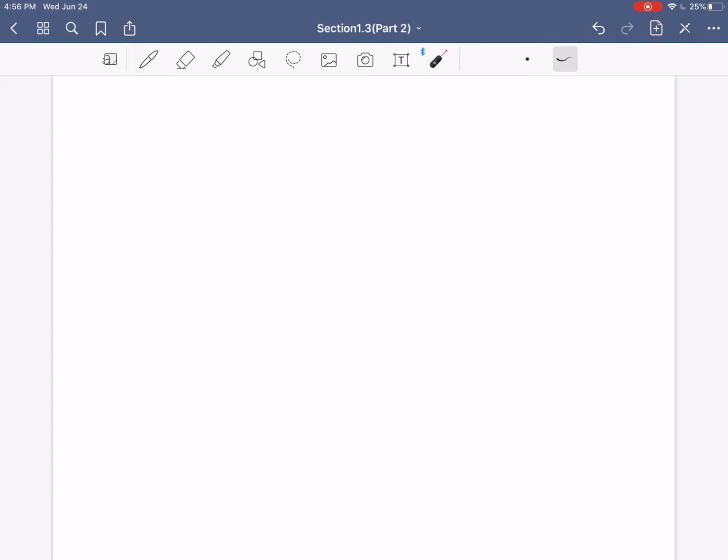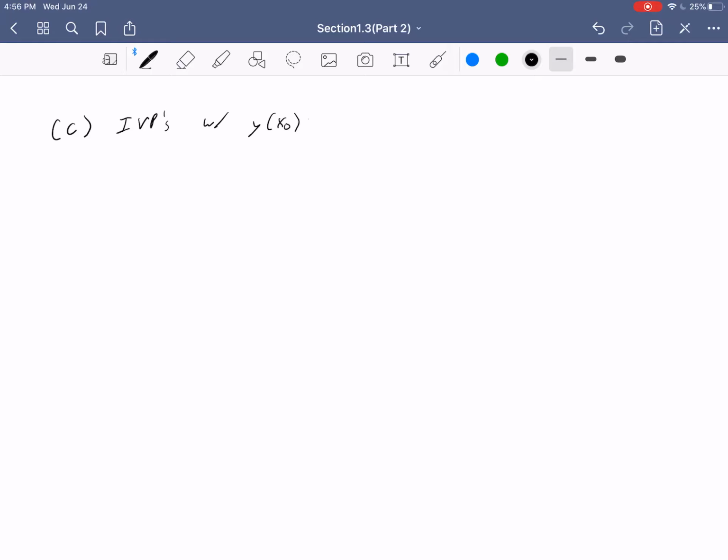So we'll give ourselves a new page here. Okay. So for C, let's remember the information we have. IVPs with y of x0 equals y0, y0 not equal to 0, have unique solutions. That was from part A, and from part B, no equilibrium solutions.